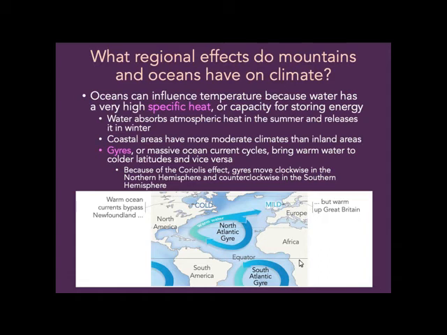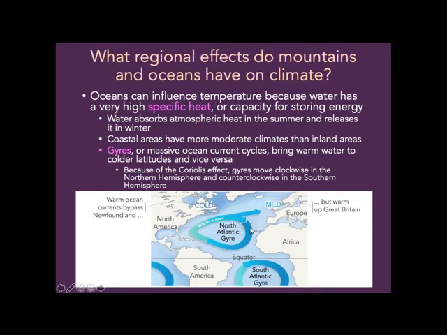All right, and so we know that there are these ocean gyres, or these big current cycles that bring warm water to colder latitudes and vice versa. A couple of them do some weird things that cause differences in temperature. For example, if you go up into the Newfoundland area of Canada, it is so cold, right? And if you go across the same latitude towards the UK or Great Britain, it is not cold at all. And why is this happening?